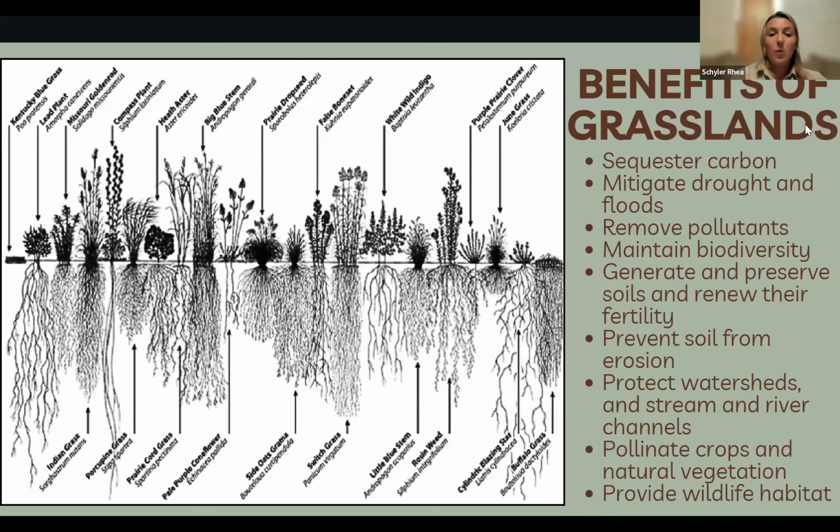So quite a unique difference in the way that their root systems are structured. Because of this root system and the way they are structured, there are tons of benefits that grasslands can offer. Here at the top, I have that they can sequester carbon.